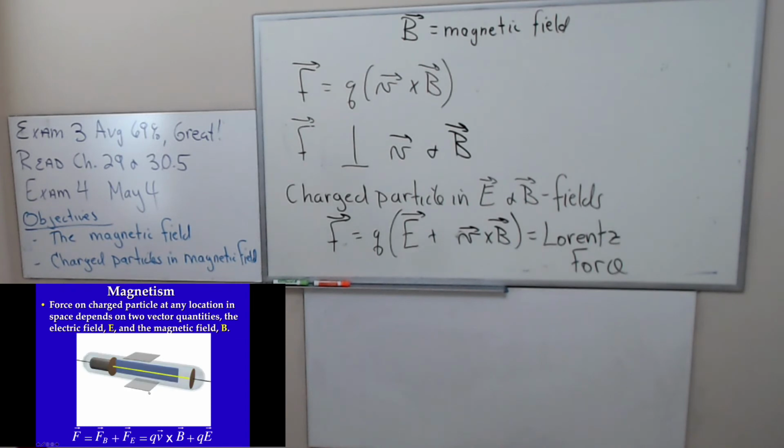This cathode ray tube injects a beam of electrons into a volume of very low pressure gas. If we apply an electric field between the plates, the electrons, being negatively charged, deflect toward the positively charged plate. Next, we turn off the electric field and turn on electromagnets to create an identically oriented magnetic field. Now the force acts at right angles to the direction of the field and to the direction of the beam. If the field is reversed, the beam curves in the other direction.